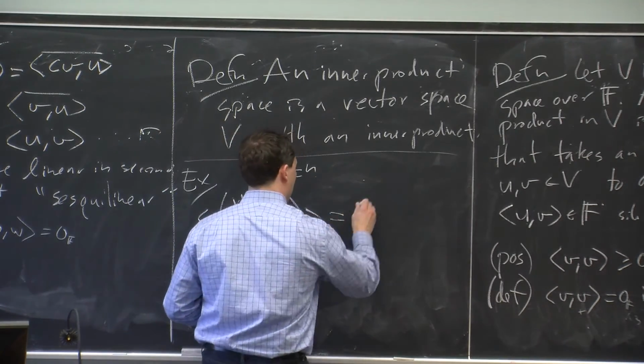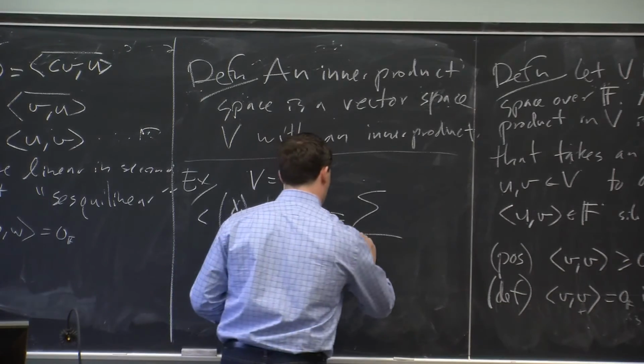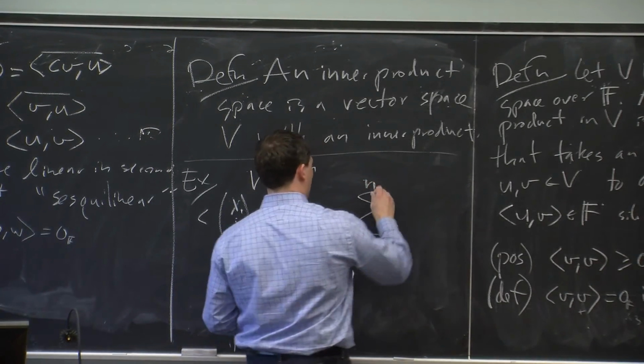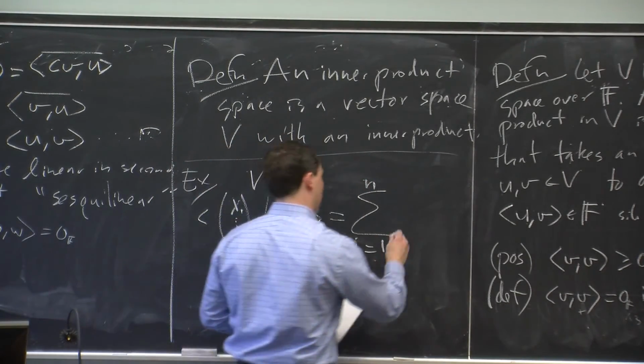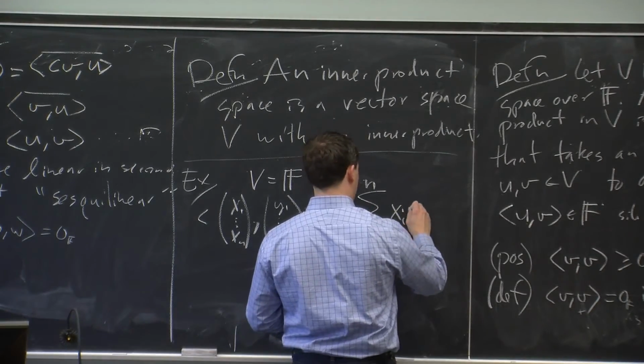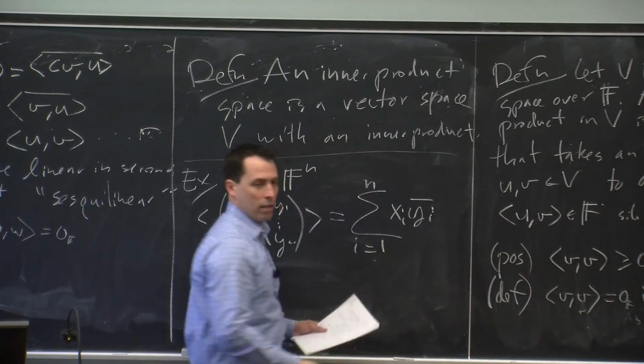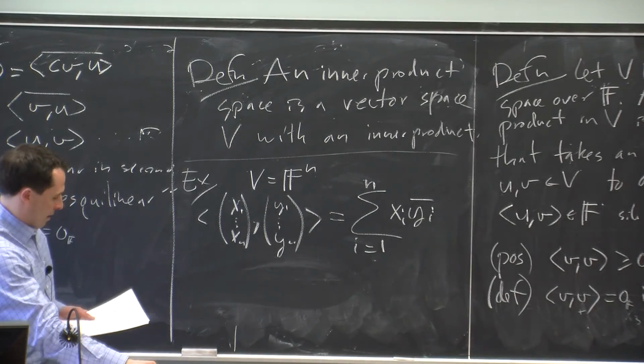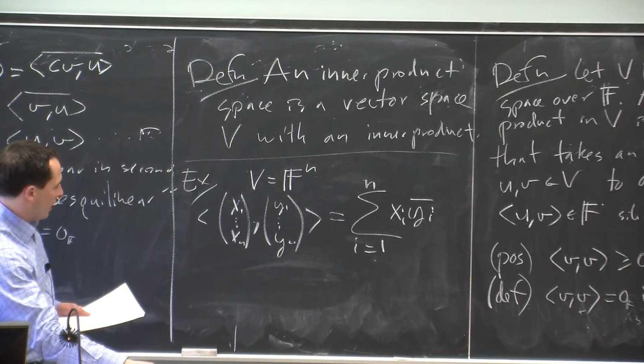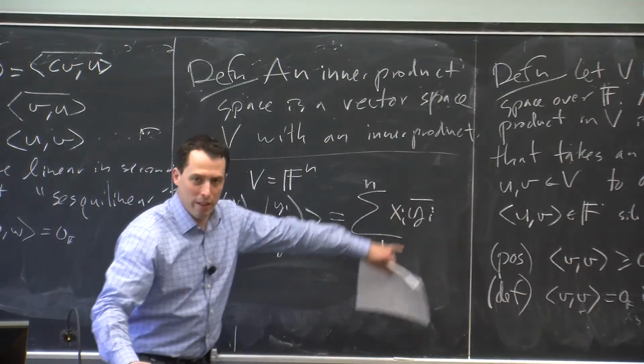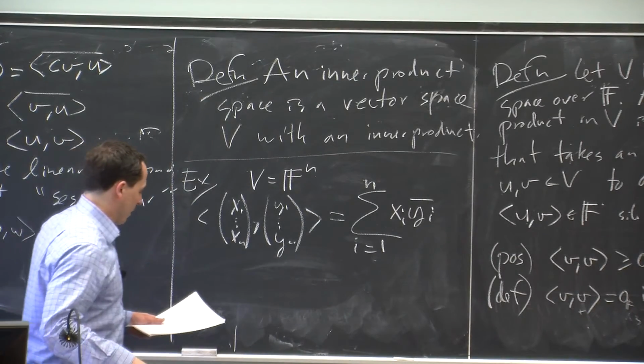We can do that by taking their dot product, except that we have to do this conjugation thing in the second factor for things to be sensical in the complex case. So that's an example of what's called a Euclidean inner product. Of course, the conjugate doesn't do anything if we're in the real vector space case.